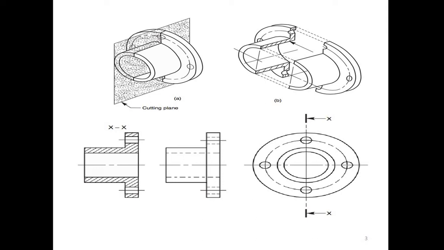Because of the sectional view, the two small holes are clear, as well as the inside diameter or bore, and the solid portion is shown by hatching lines.